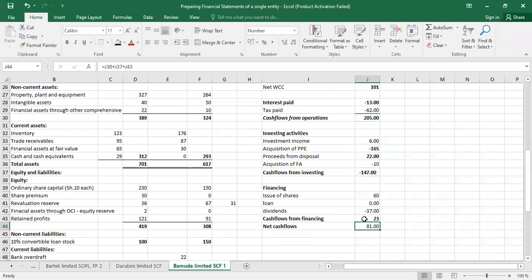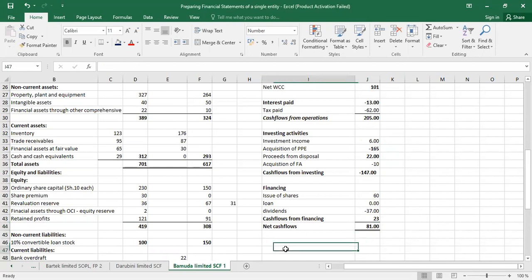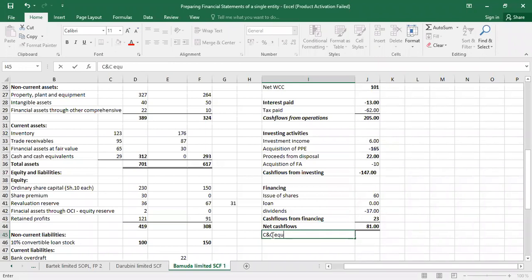Control enter, control bold, alt HBU. I just put BU there so that I know it's the total. Then I'll do cash and cash equivalent. I'll just write cash. I'll not write the whole thing. Just know that one is cash and cash equivalent brought forward.